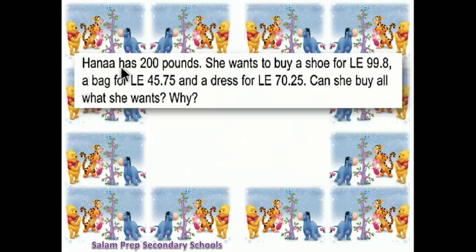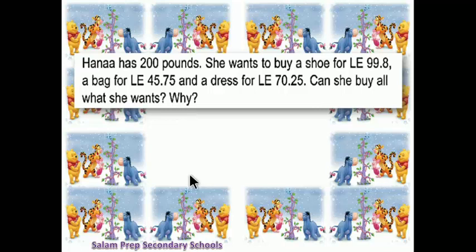Another story problem. Hannah has 200 pounds. She wants to buy a shoe for 99.8 pounds, a bag for 45.75 pounds and a dress for 70.25 pounds. Can she buy all what she wants? Why?